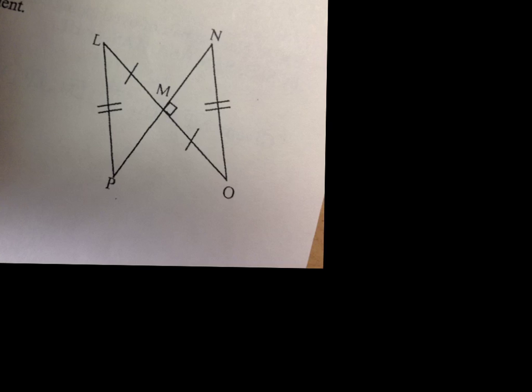All right, now your notes say to write a short paragraph about why the two triangles are congruent. So let's just look at these two triangles and discuss why they're congruent. Well, the first thing that I see is that these two angles are congruent by vertical angles.